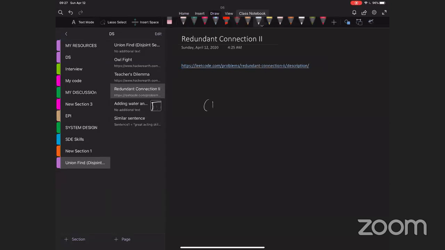For example, in this case, let's say this is a tree, is that correct? Yeah. And because we know a tree has parent and child, I can make this direction, right? We always have a parent with a child node.